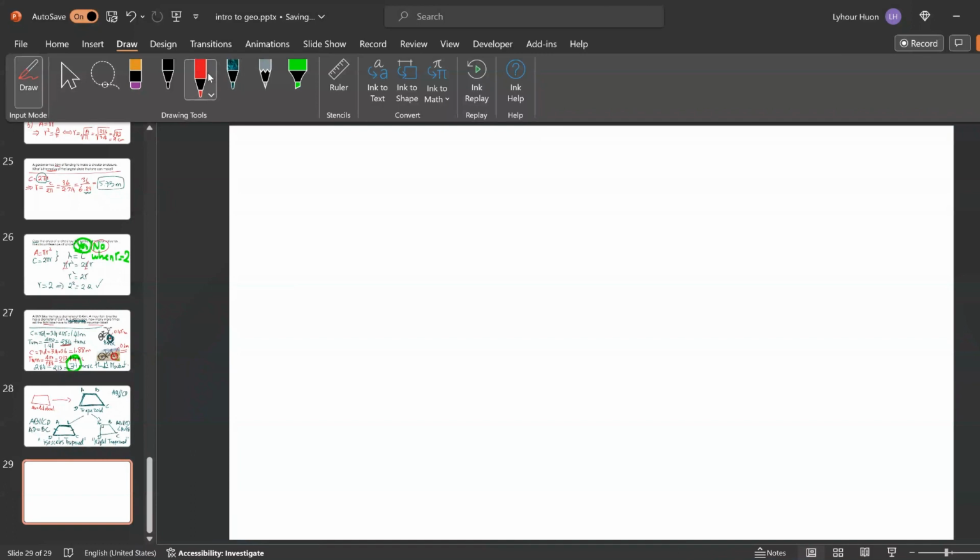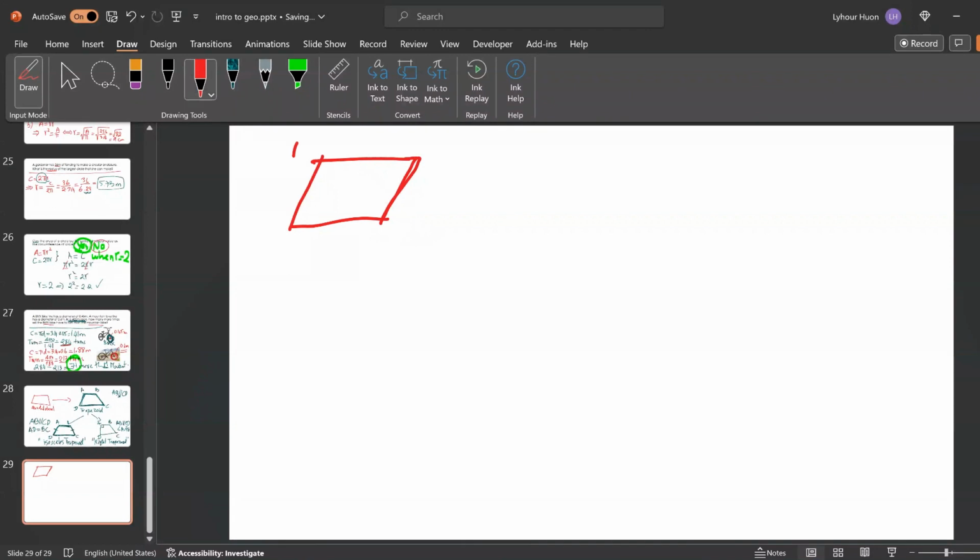Still, it's derived from the quadrilateral. So now these two opposite sides are parallel, and also the other two opposite sides are parallel as well.